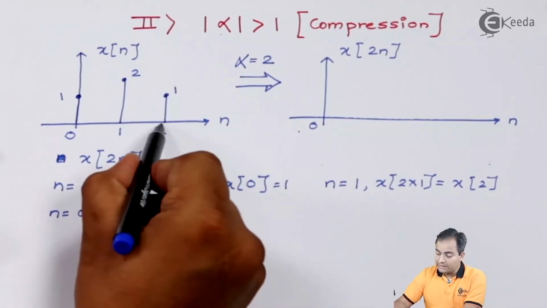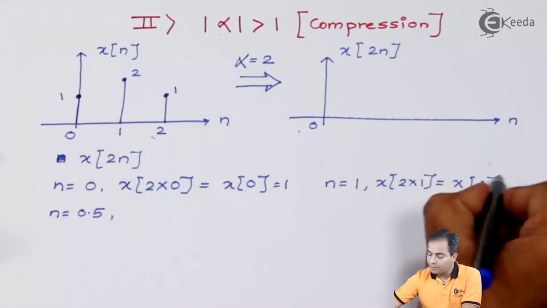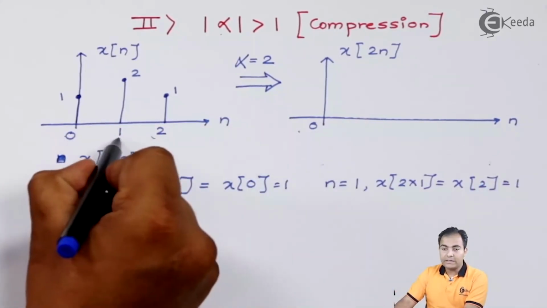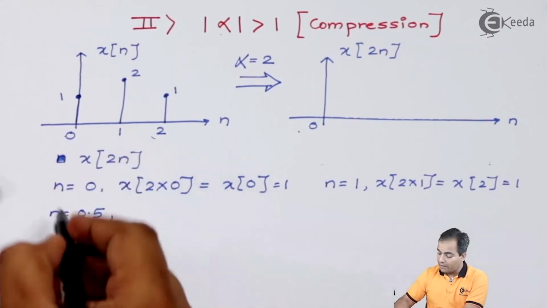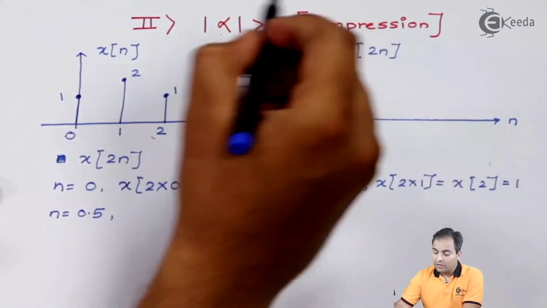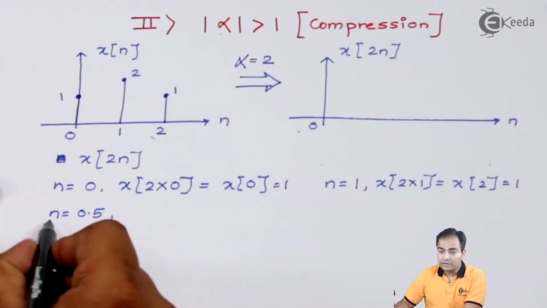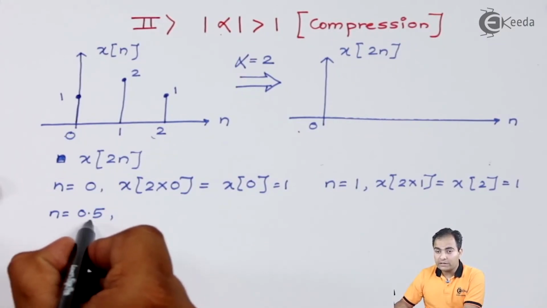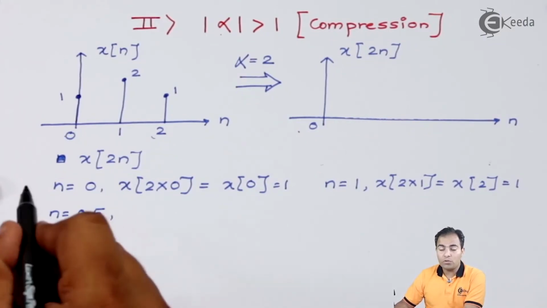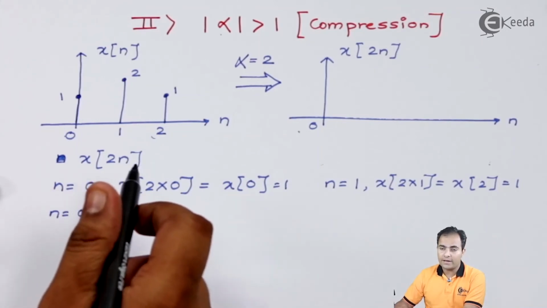Means what? You will get this sample value and having amplitude 1. What about these samples? This sample will be missed. So that's why in this compression we have to always consider the fractional values, but only in discrete format, not in continuous.